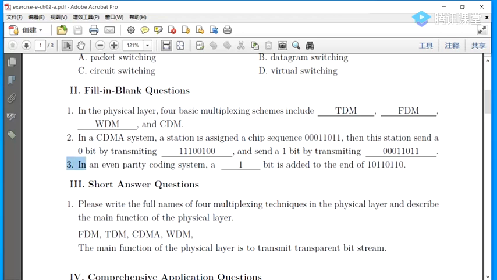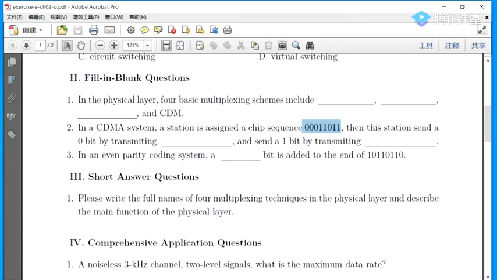Question 3. In the even parity coding system, what bit is added to the end of the frame?